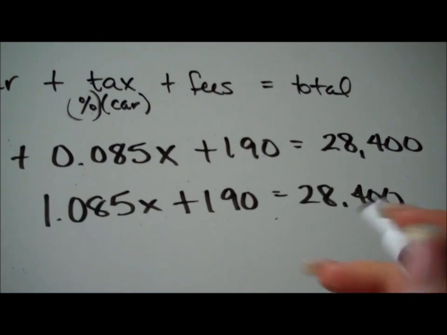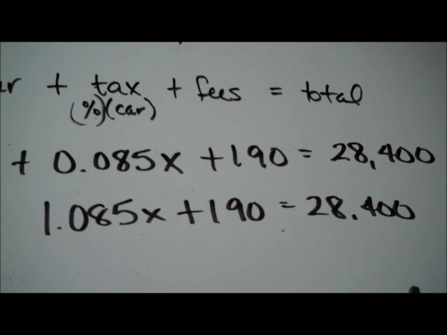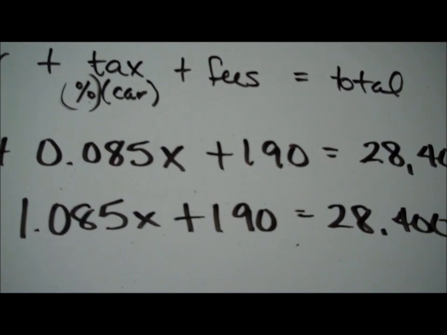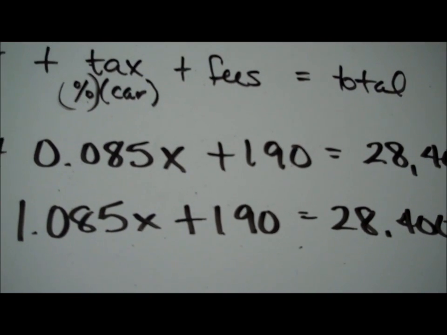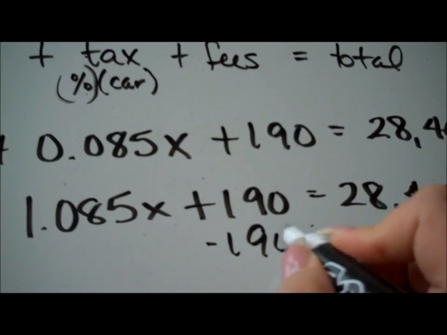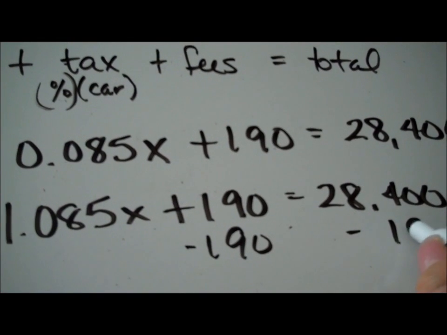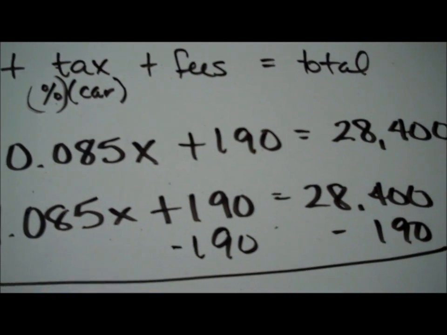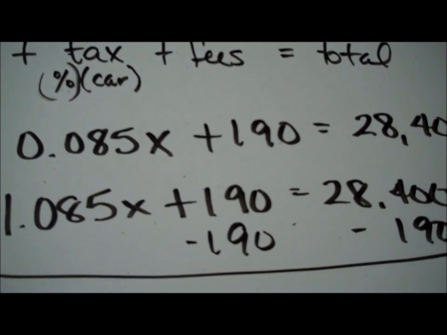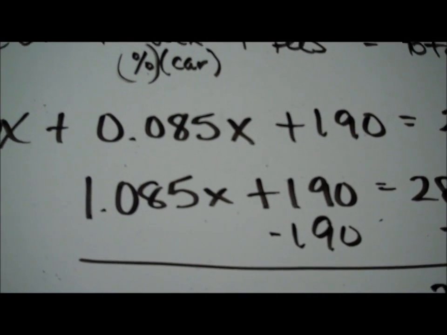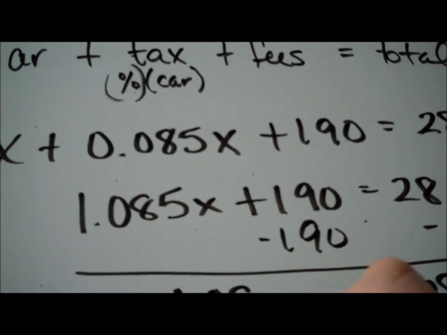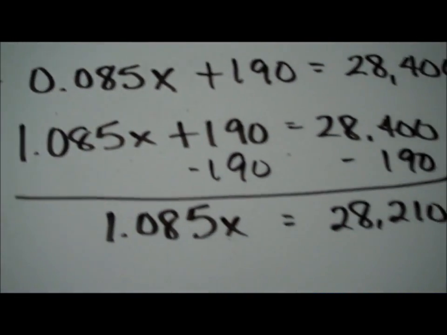Okay? Then I'm going to subtract the 190 from the 28,400. Okay? So again, I'm just going through doing my order of operations backwards. So I get 28,210 equals 1.085x.